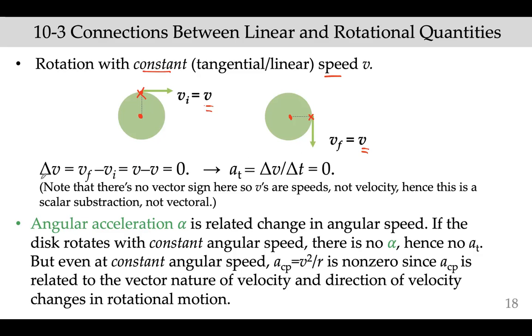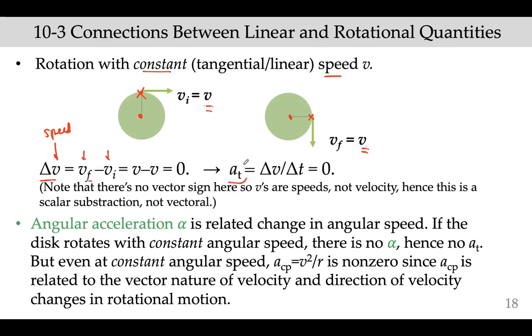Now, what is delta V? Well, delta V is change in, this is again speed, not velocity. See, there's no vector sign. So final speed minus initial speed. Final speed is V, initial speed is V, and the difference is 0.